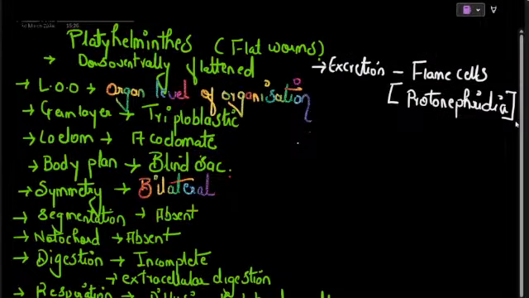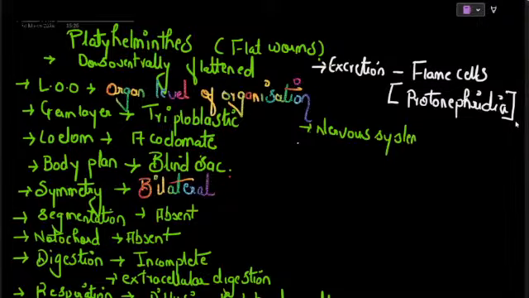Next, nervous system in platyhelminthes. Nervous system is ladder-like in platyhelminthes. What about reproduction?